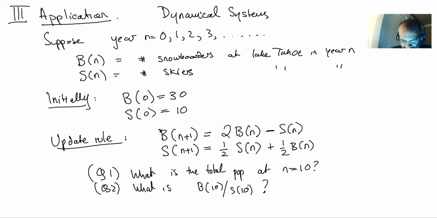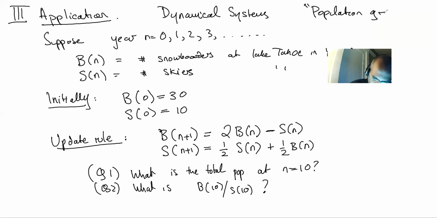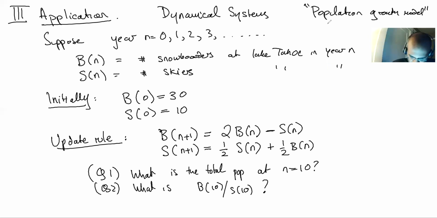So this is a very general kind of question that comes up a lot. You want to predict the evolution of a population subject to some update rules. I guess this is called a population growth model. It's a particular type.